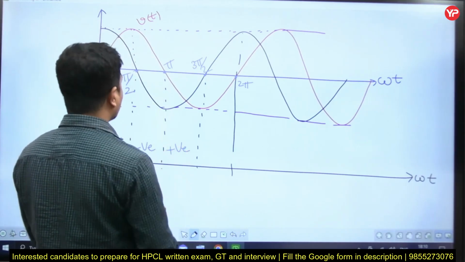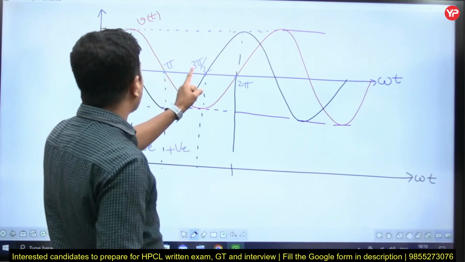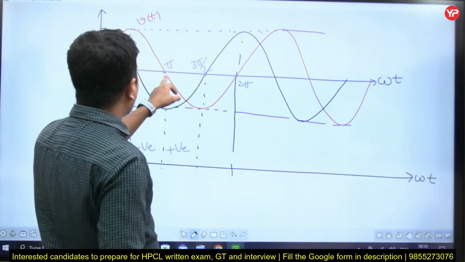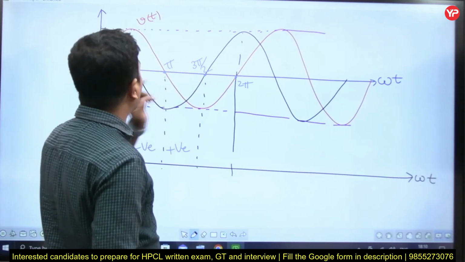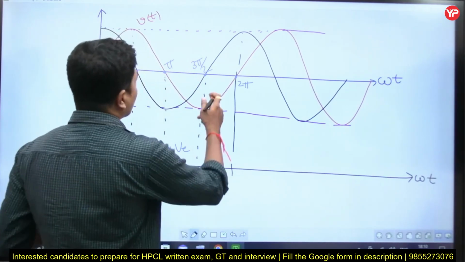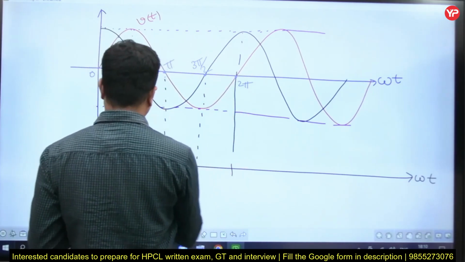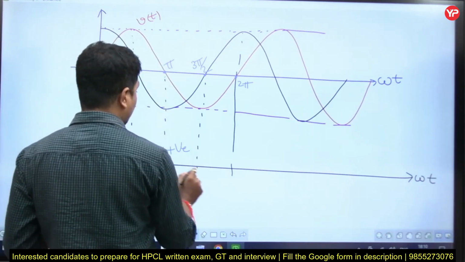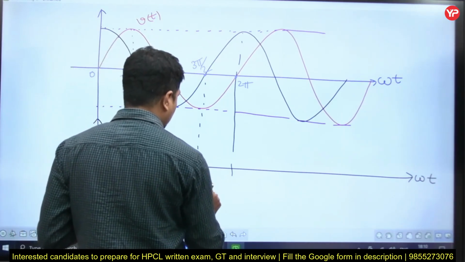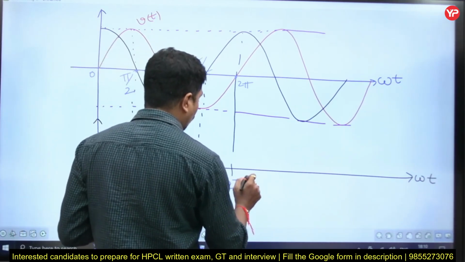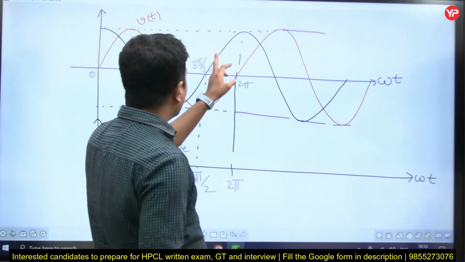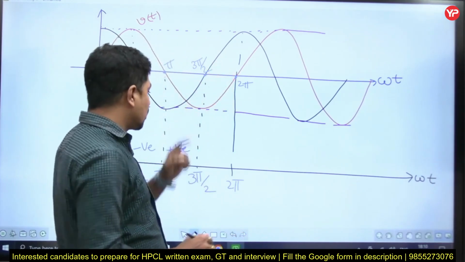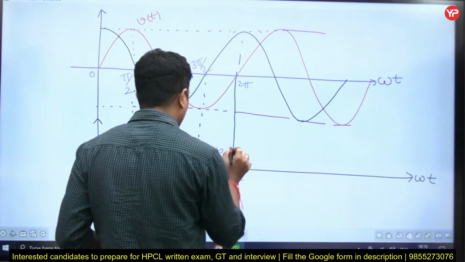From pi to 3 pi by 2, voltage is negative, current is also negative, so it is positive. Again, this is 0, this is pi by 2, this is pi, this is 3 pi by 2, this is 2 pi. From 3 pi by 2 to 2 pi, current is positive, voltage is negative, therefore it is negative, right?